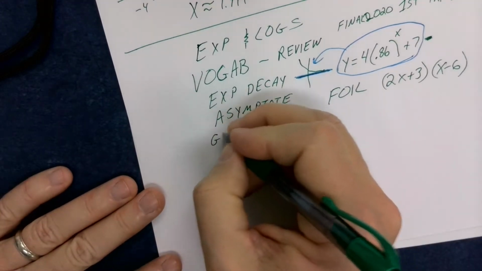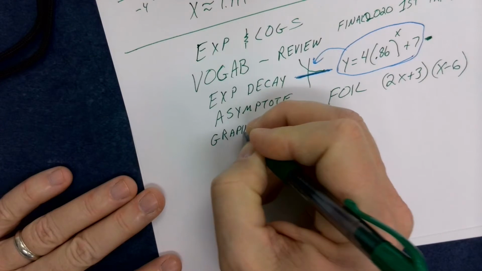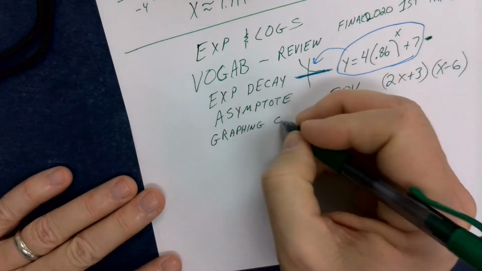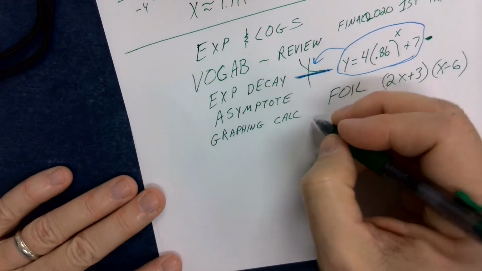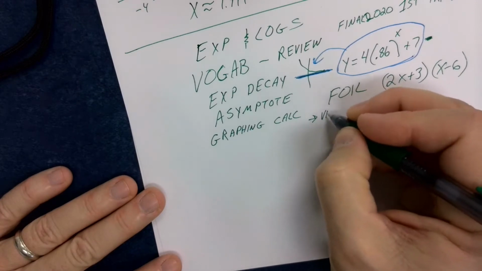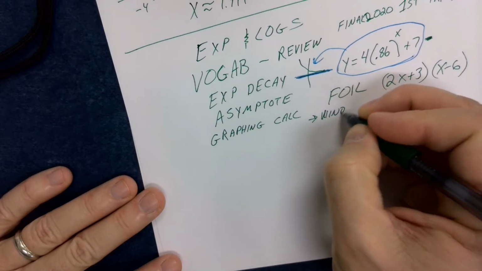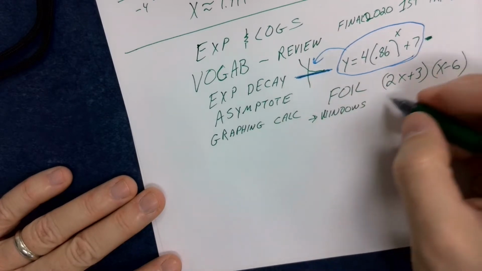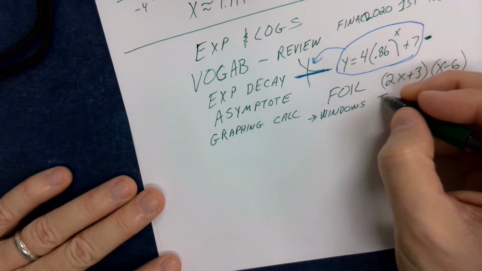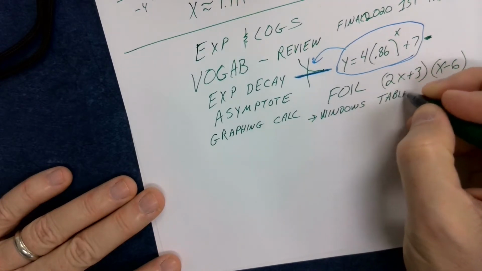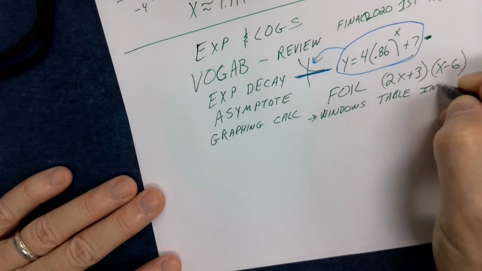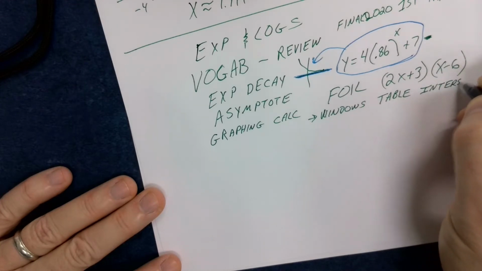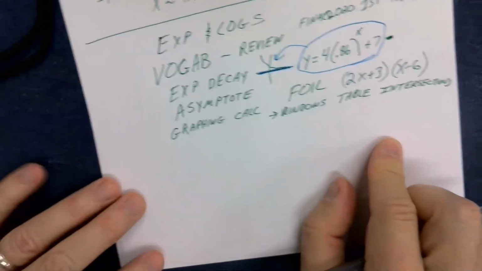You should know different stuff about your graphing calculator. For instance, know your windows. Know how to use your tables. Know how to find intersections. So lots of stuff about your graphing calculator.